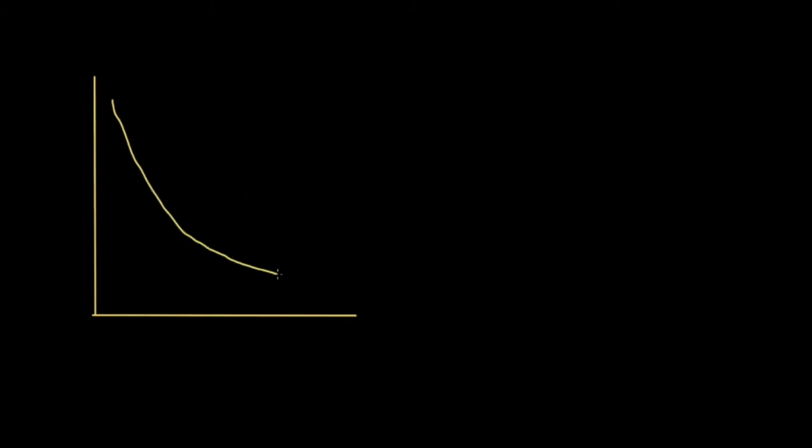As an aside, when we look at a natural monopoly graphically, we see that the average cost is strictly decreasing. And that is what characterizes a natural monopoly: a strictly declining average cost.